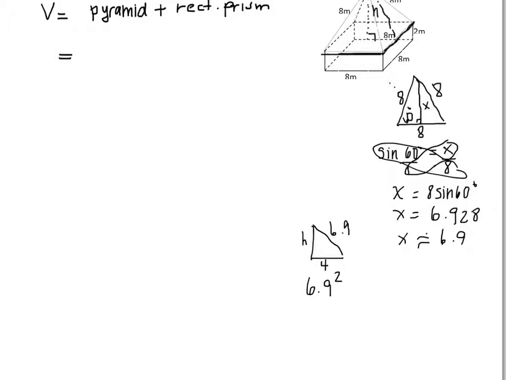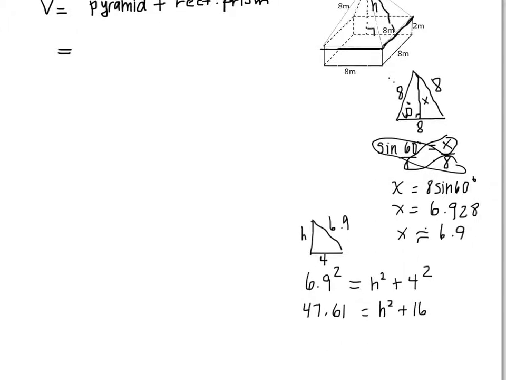So we'd have 6.9 squared equals h squared plus 4 squared. So 6.9 squared would be 47.61, equals h squared plus 16.